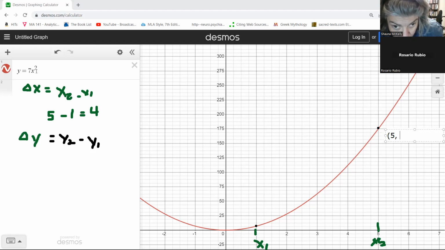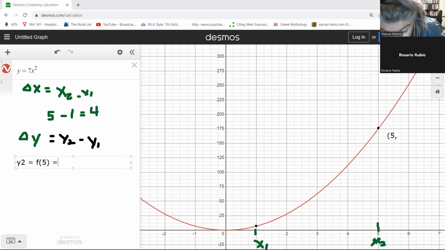Okay, so to get y2, we can say y2 is equal to f of 5 because it's f of x2, right?